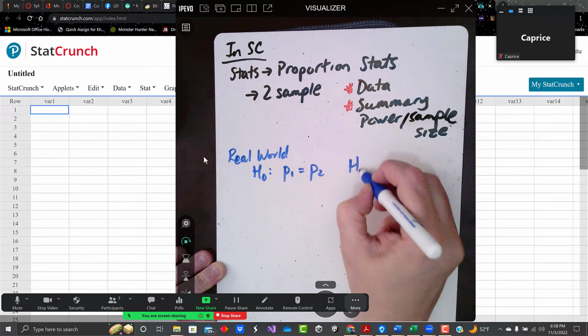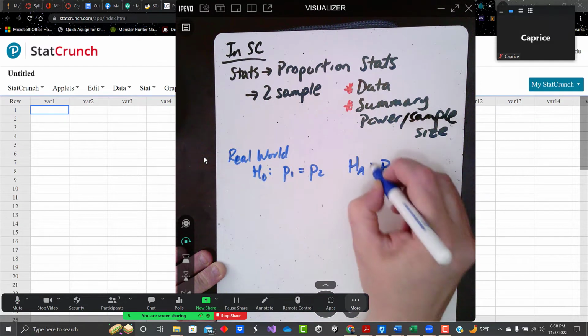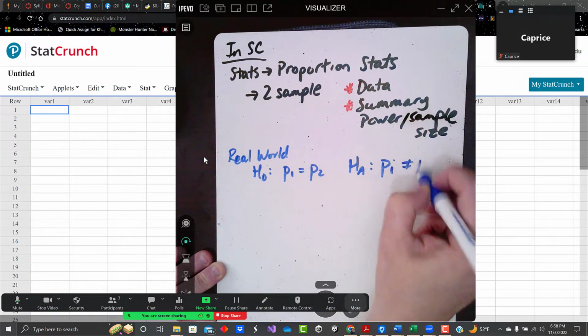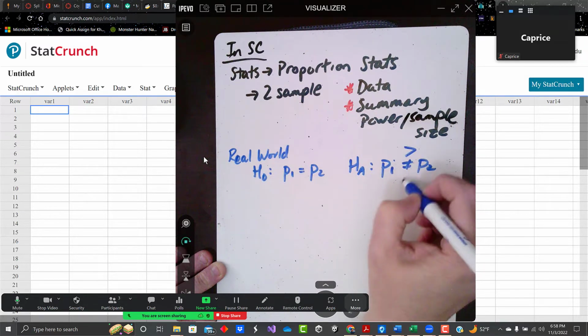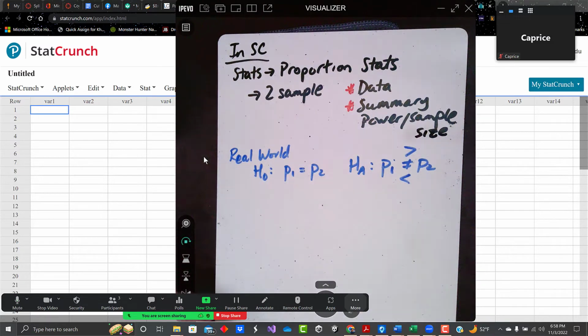And does P1 not equal P2, or is it greater than or less than? This makes sense to people in real life. Like, do the proportions match for both groups?